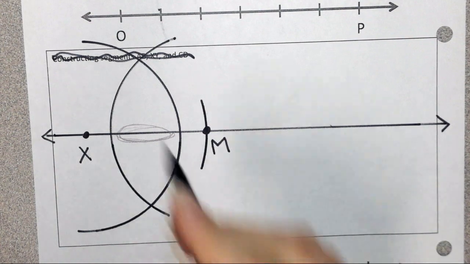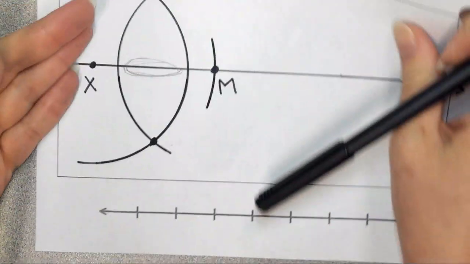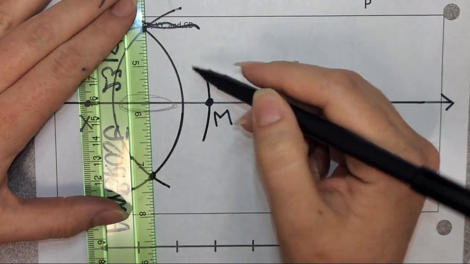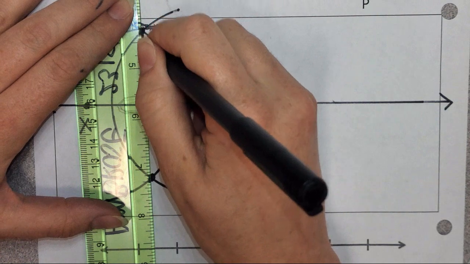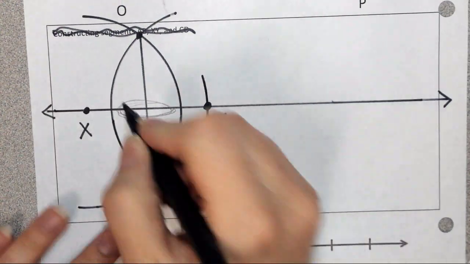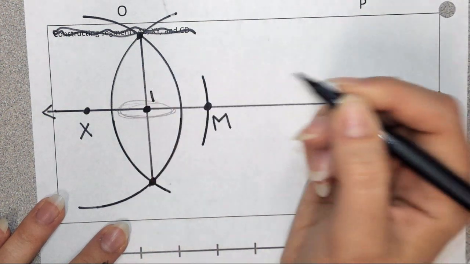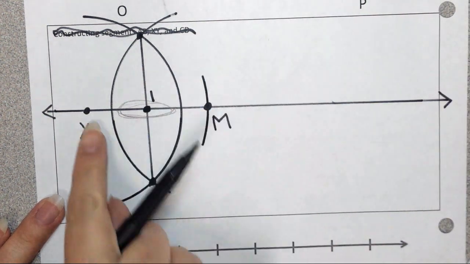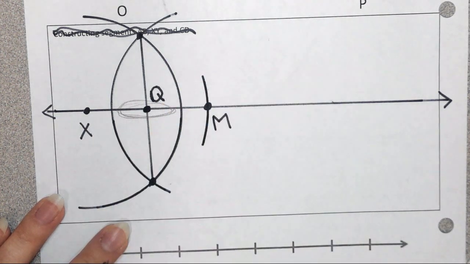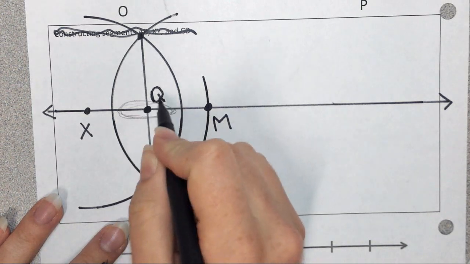Then these 2 points are where my 2 arcs intersect, and I draw a line connecting those 2 points. And then this right here is my midpoint. So this is my midpoint between X and M, but we're going to call this point Q, because we already have an M, so we're going to give this a new letter.